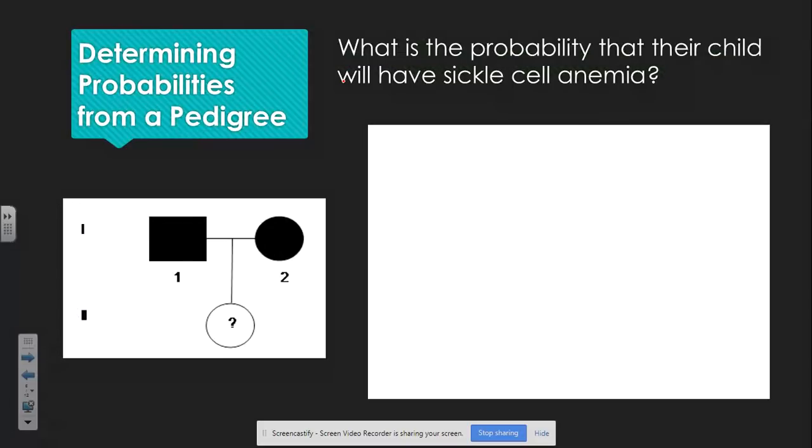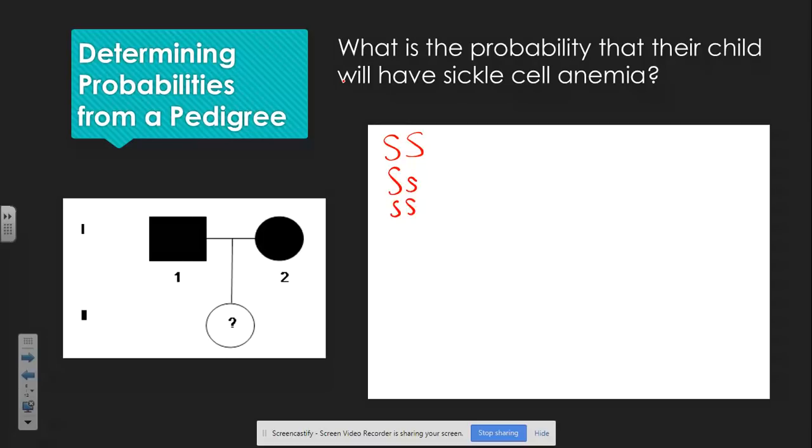Okay, so we're going to now look at pedigrees and determine the chances of the children having a particular condition. We're going to stick with sickle cell right now. Sickle cell is recessive. So remember that we have 3 possible genotypes associated with this.